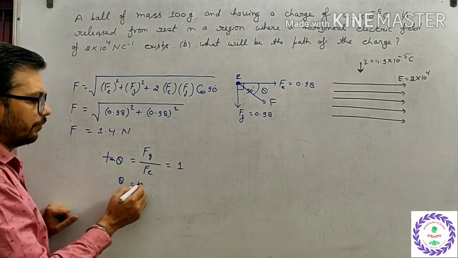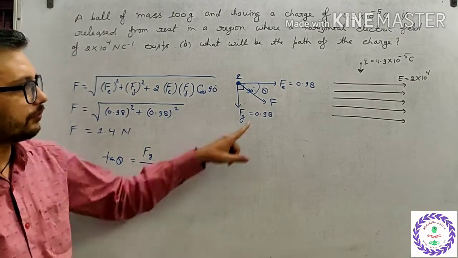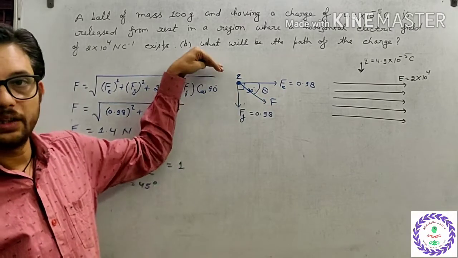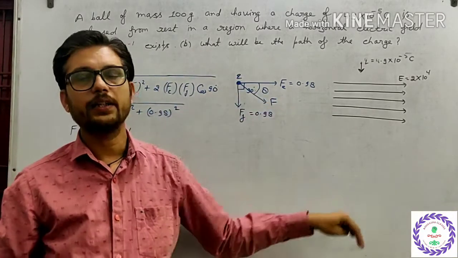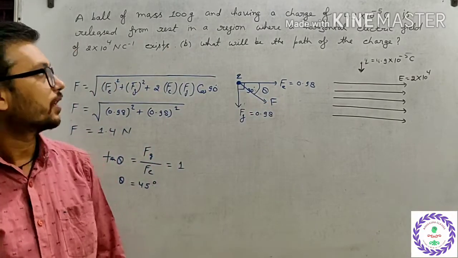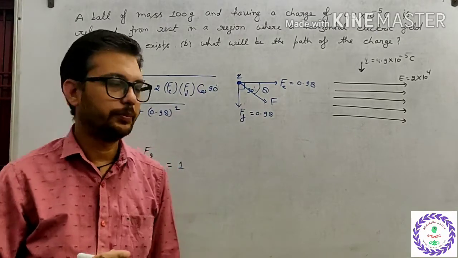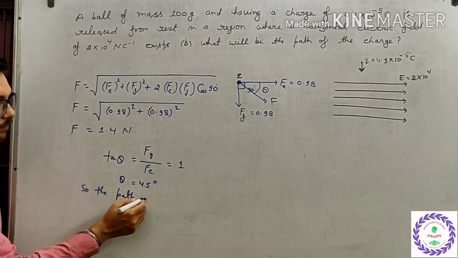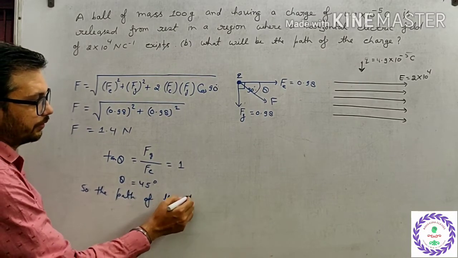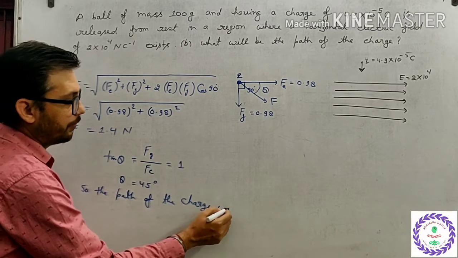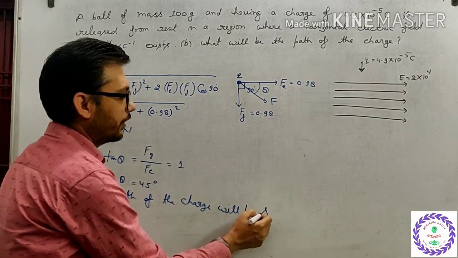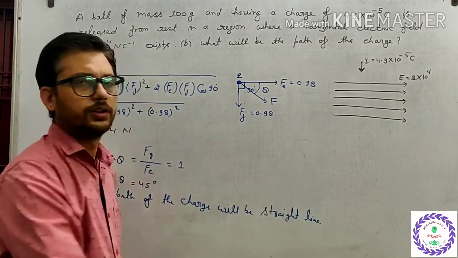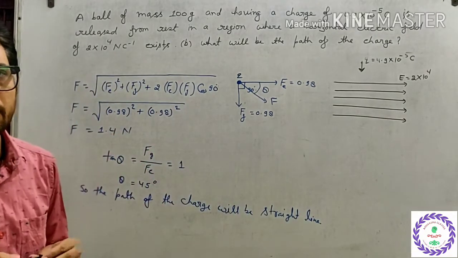It means theta will be 45 degrees. If theta is 45 degrees, this charge will move in a straight line at an angle of 45 degrees. So the path of the charge will be a straight line. So this is the second part of this question.